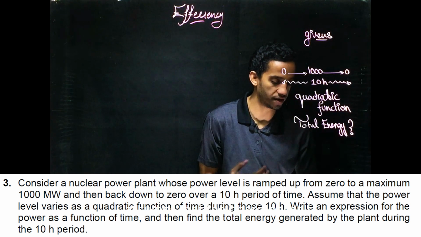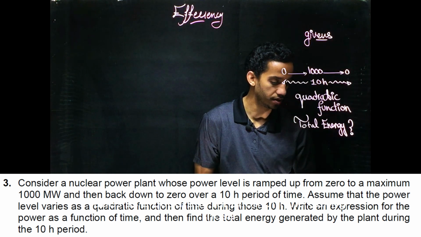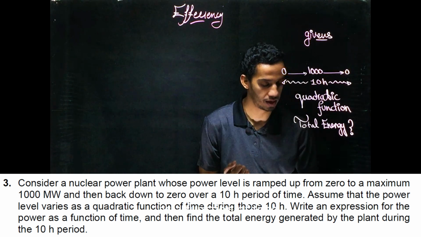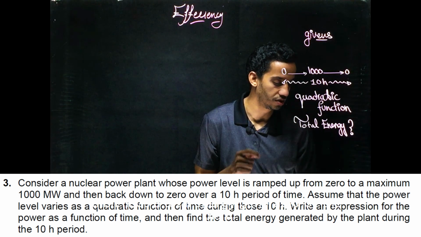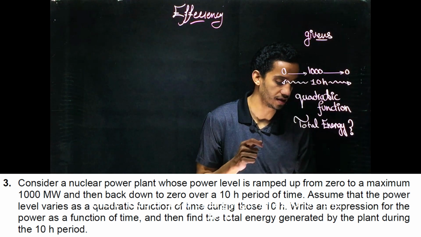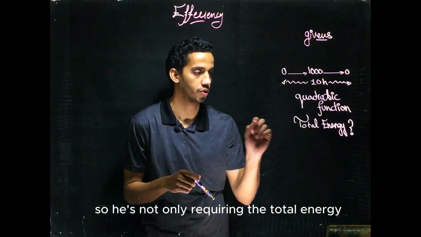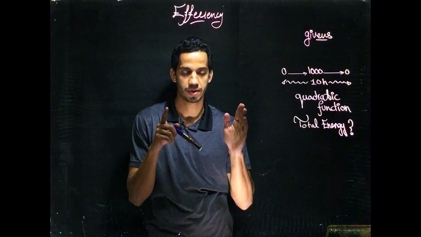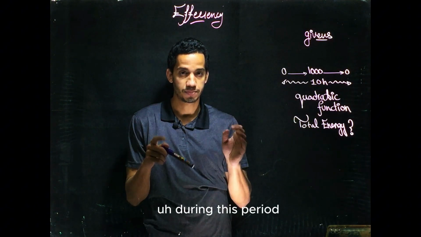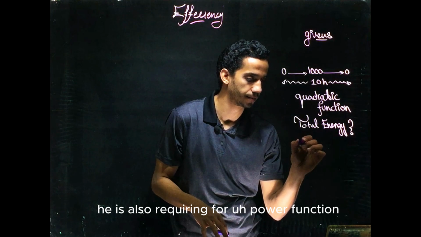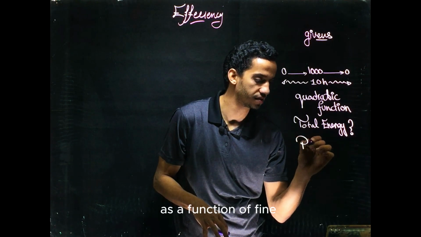Assume that the power level varies as a quadratic function of time during those 10 hours. Write an expression for the power as a function of time. Then find the total energy generated by the plant during the 10-hour period. So he's not only requiring the total energy during this period, he is also requiring the power as a function of time.